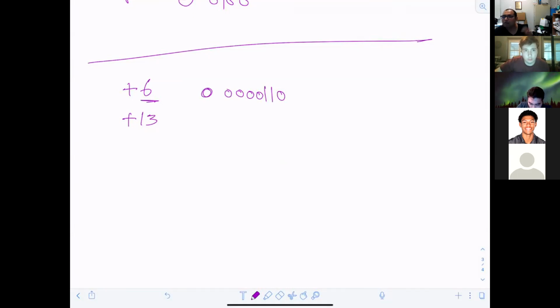Then 13, what is 13? If I remember, 15 is four ones, so 14 will be 0 1 1 1 0, and 13 will be 1 0 1 1, I believe. 1, 2, 3, 4, 5, 6, 7, and then it's positive also, right?